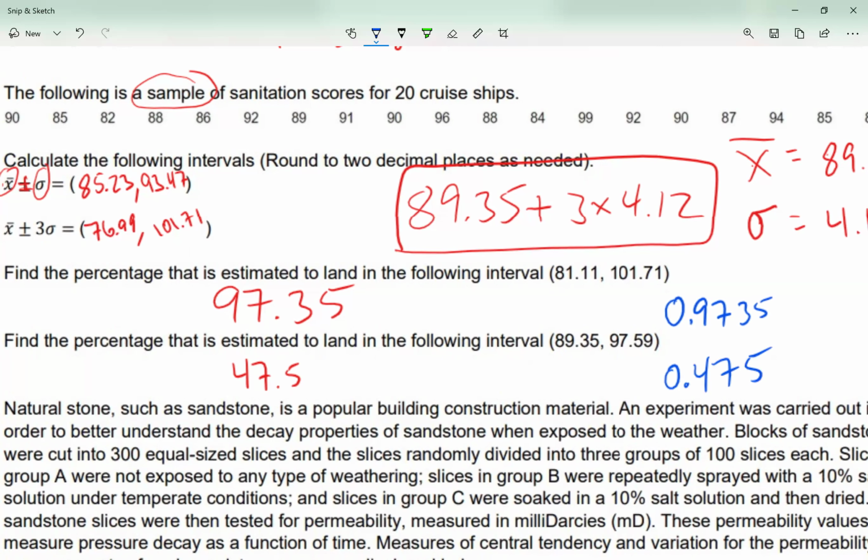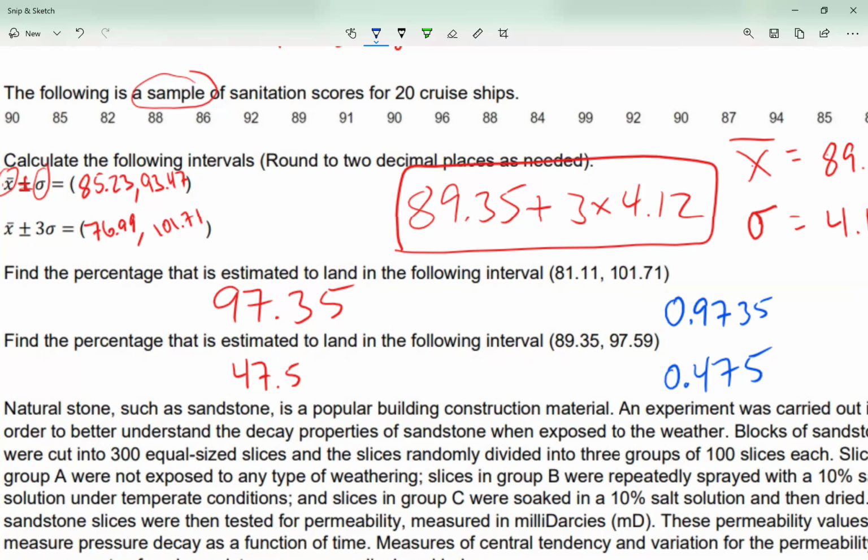Remember how back in foundations, or some of you in middle school or elementary, you learned how to go from percent to decimals, percent to fractions, things like that. This is percent, 97.35. I divided by 100, so it gives me this decimal. 47.5, I divided by 100 gives me this decimal. I know some of you were told to move the decimal 2 places to the left. Some of you might remember that.